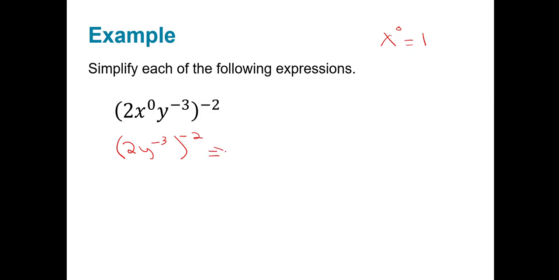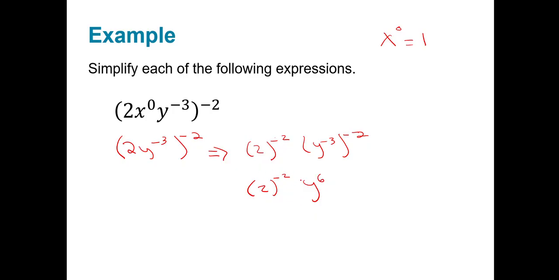So I'm going to rewrite it as 2 to the negative 2, y to the negative 3 times negative 2. I'm going to hold on to this 2 right here for a minute. I'm going to do the multiplication of y to the negative 3 to the negative 2. And then this becomes y to the 6.